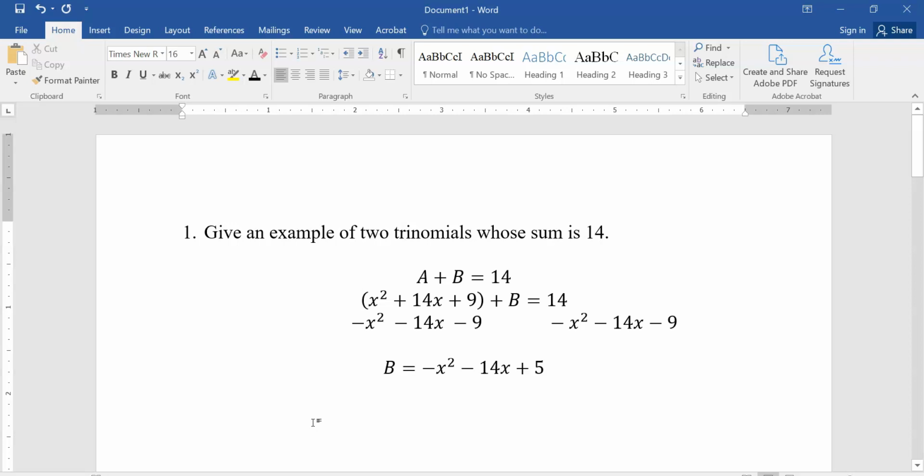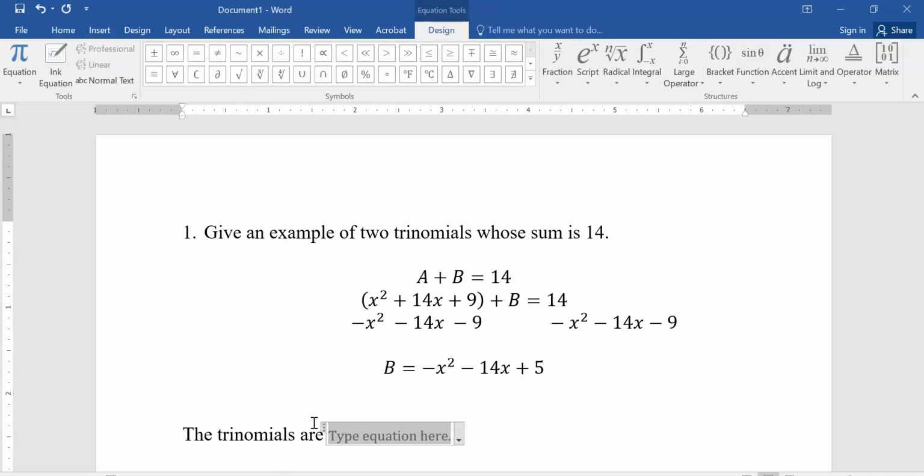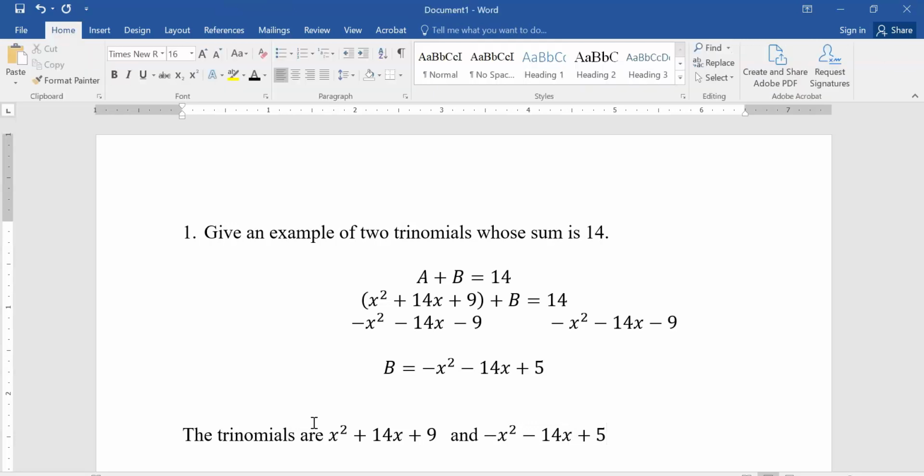So what we would say is that the trinomials, or at least the ones that we're thinking of, are x squared plus 14x plus 9 and negative x squared minus 14x plus 5. All right. And so those are two trinomials which add up to 14.